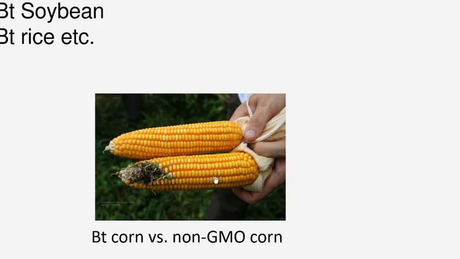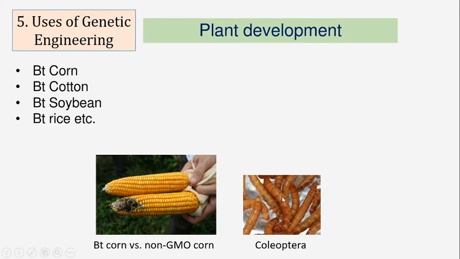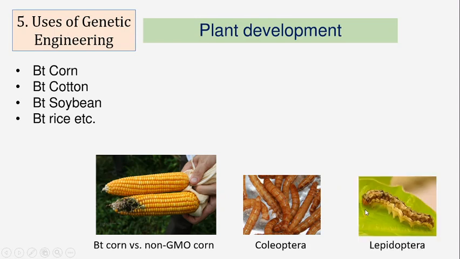So BT corn is not susceptible to pest attack because it can survive the infestation of pests. How? This BT corn is resistant to the attack of insects belonging to the Coleoptera and Lepidoptera orders.